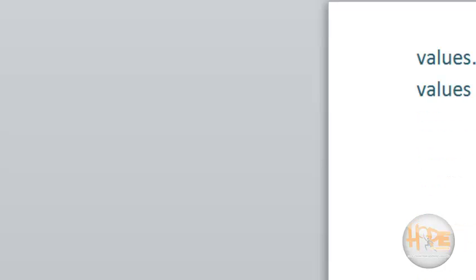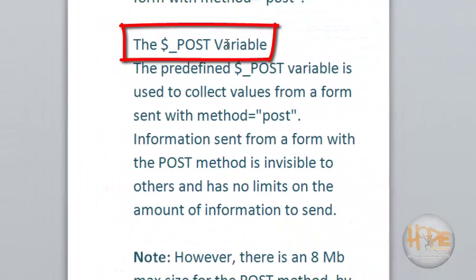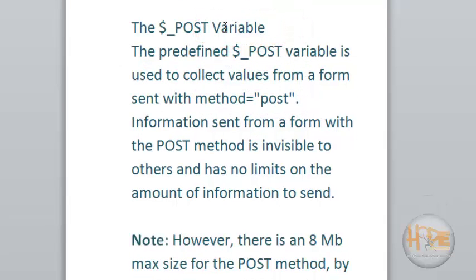Now let's see the POST method. In PHP, the predefined POST variable is used to collect values in a form with method equal to POST. Information sent from a form with the POST method is invisible to others.